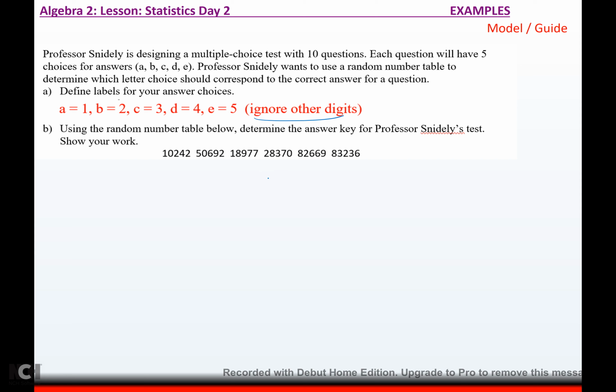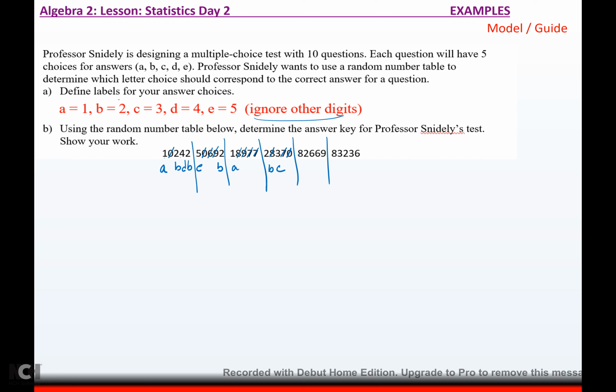So if I break it up into 5s, 1, 2, 3, 4, 5, because that will be the first question. Each question has 5 answer choices. So a 1 would be A, so my first question is going to be A. I have to ignore 0. 2 is a B. 4 is a D. 2 is a B. 5 is an E. Skip 0. Skip 6. Skip 9. 2 would be a B. 1 would be an A. Skip 8, 9, 7, 7. 2 would be a B. Skip 8. 3 would be a C. Skip 7.